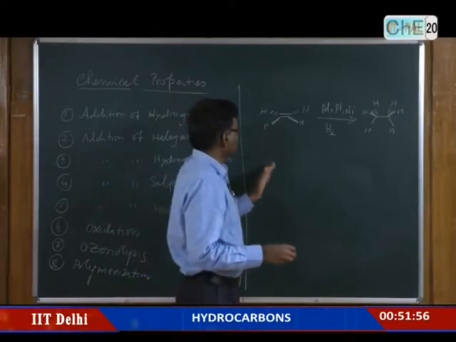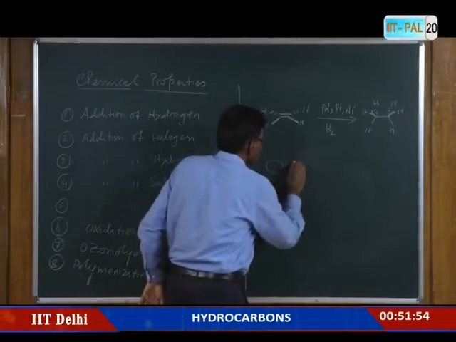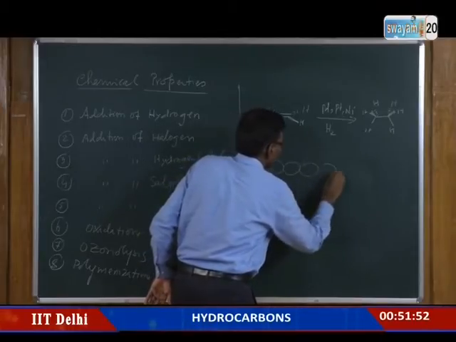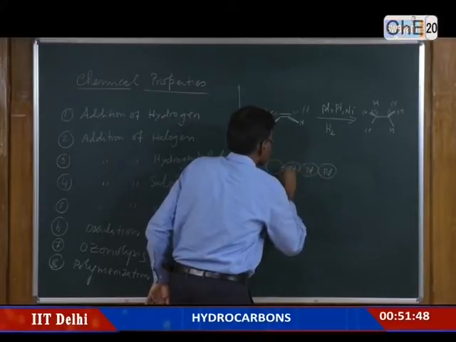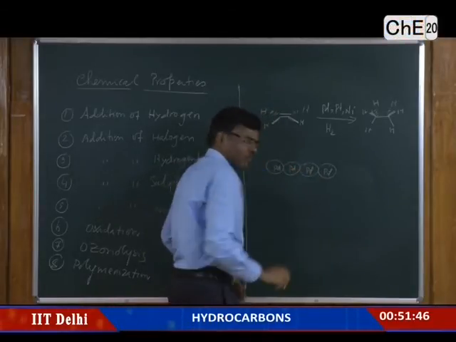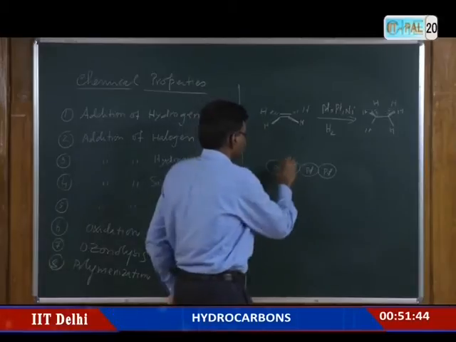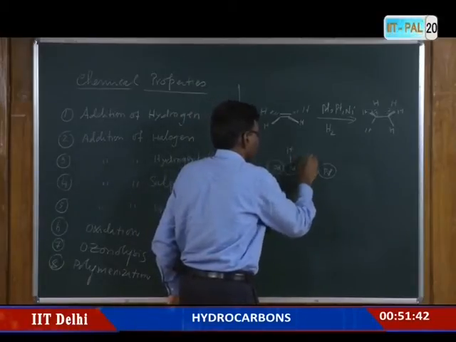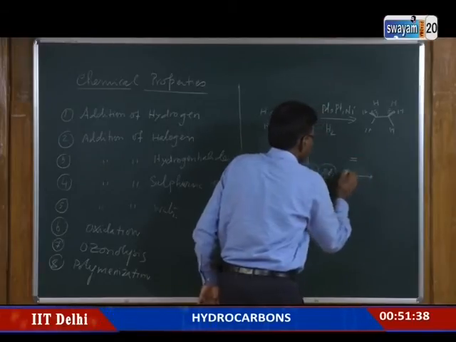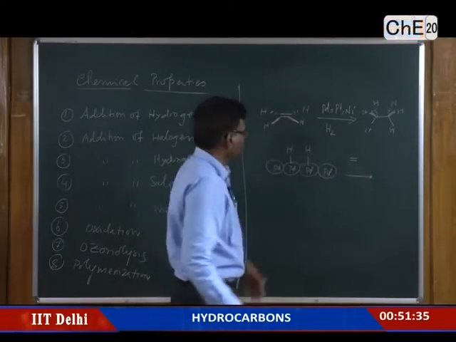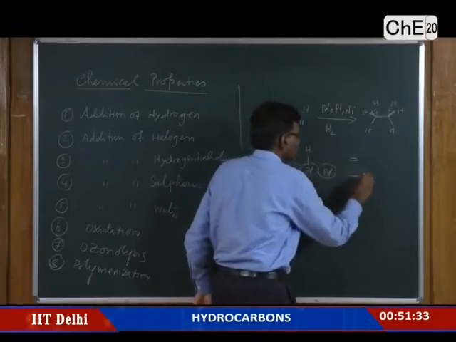Now, once, for example, when you pass hydrogen, the hydrogen will be adsorbed to the surface of the metal, and when you add alkene, the alkene can also adsorb, it can interact with your metal.